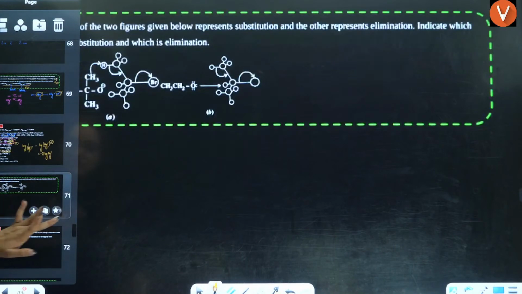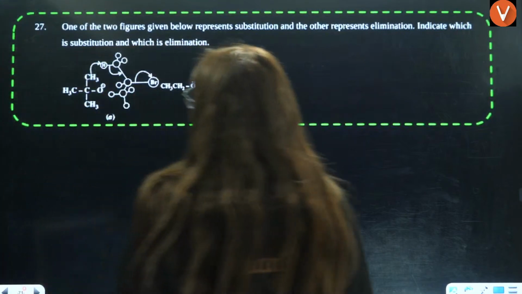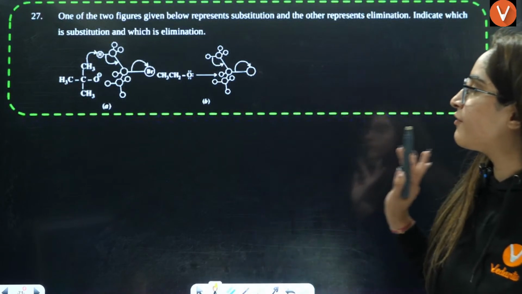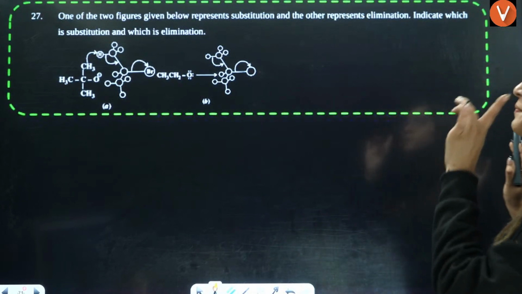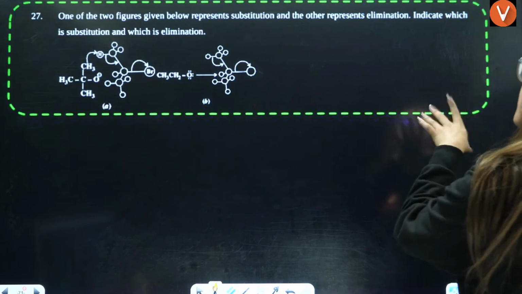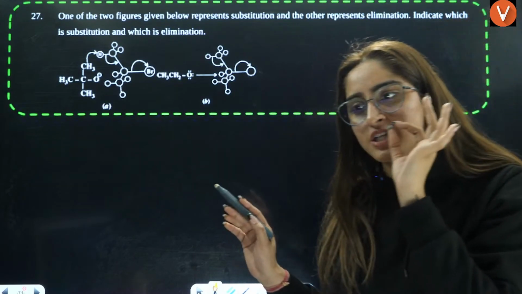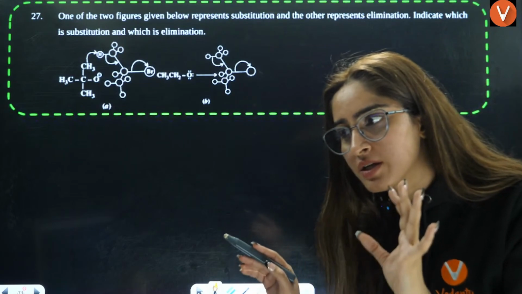Next question is, one of the two figures here represents substitution and the other represents elimination. Indicate which is substitution and which is elimination. Very, very simple question here.